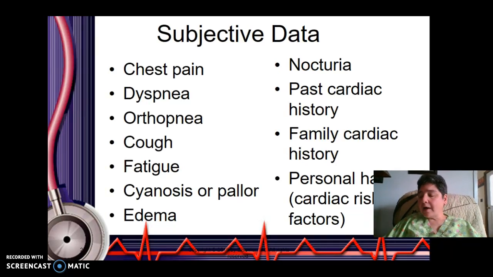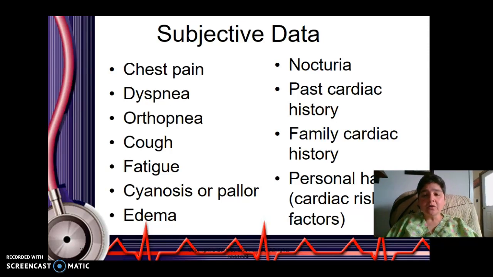Chest pain, and in your book there are certain questions that will help guide you to ask more effective questions when it comes to talking about chest pain, such as onset of pain, character, grading the pain, how severe is it, does it radiate anywhere, all of those things that we learned about with pain already, but a little bit more specific to the heart.